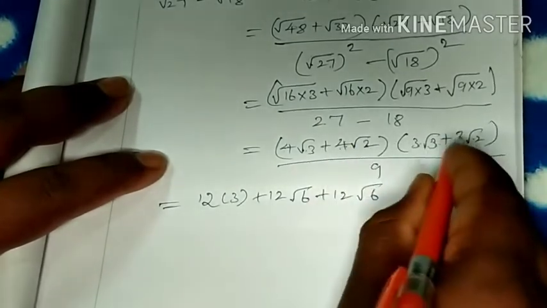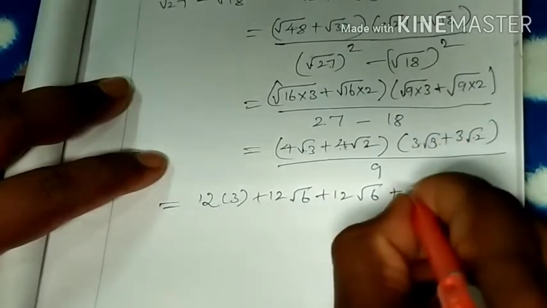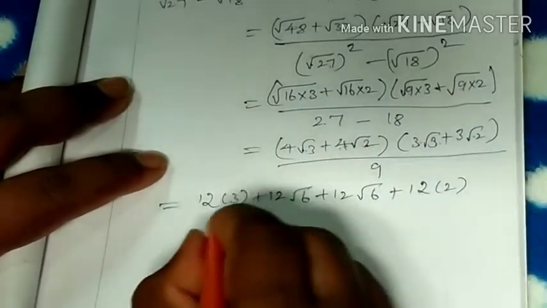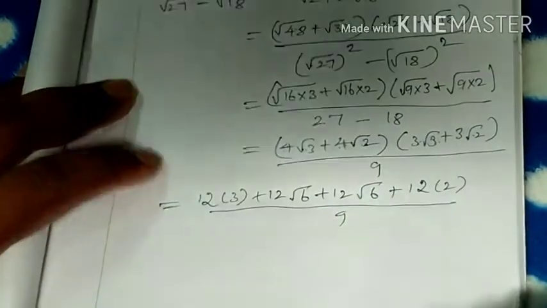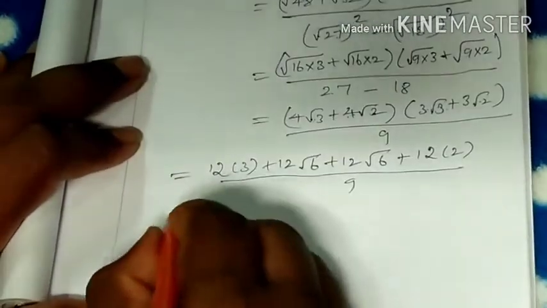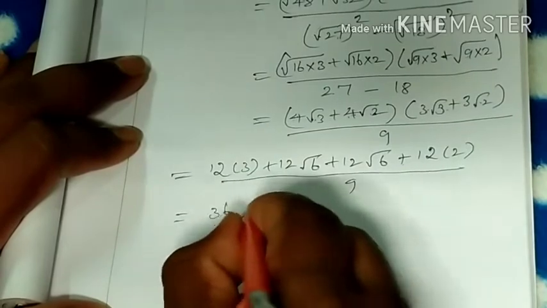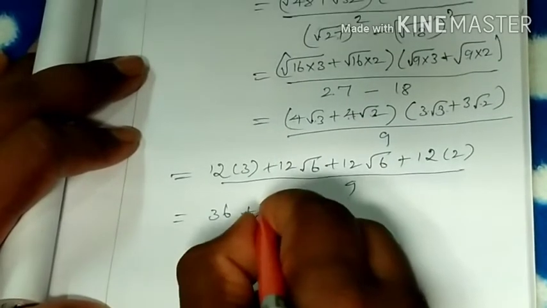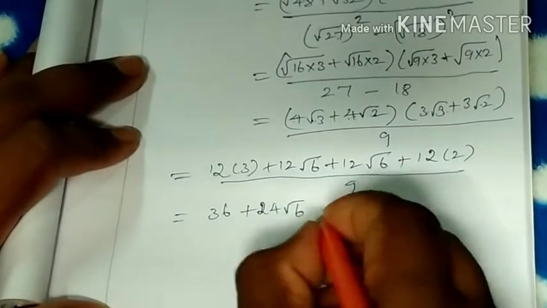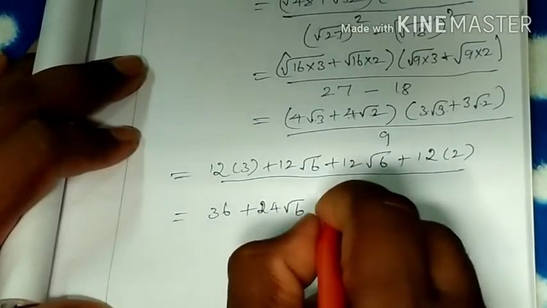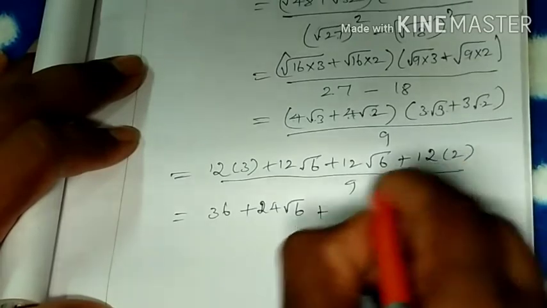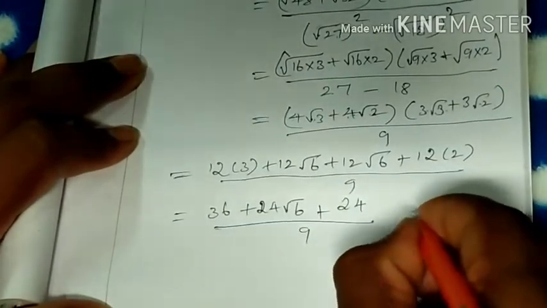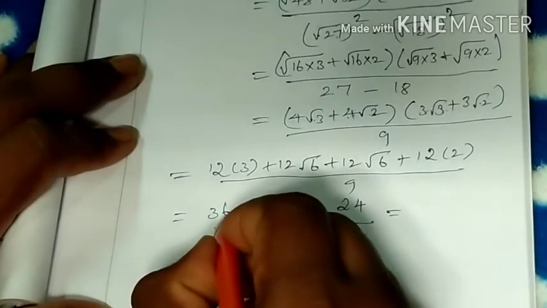And plus into plus is plus: 4 3s are 12 and root 2 into root 2 is 2. Whole divided by 9, which is equal to 12 3s are 36 plus 12 root 6 plus 12 root 6, totally 24 root 6, plus 2 12s are 24.